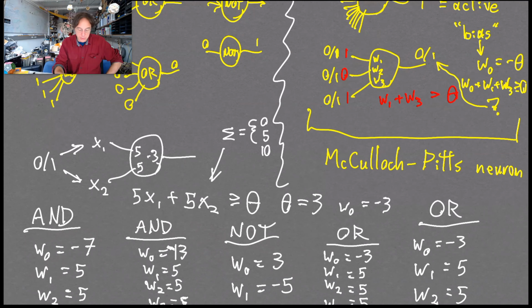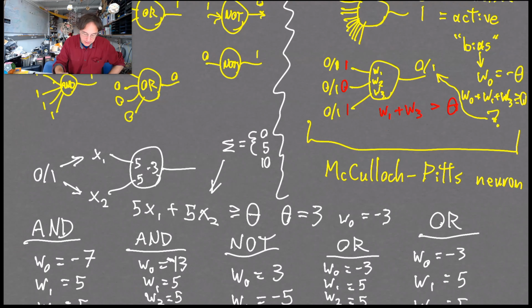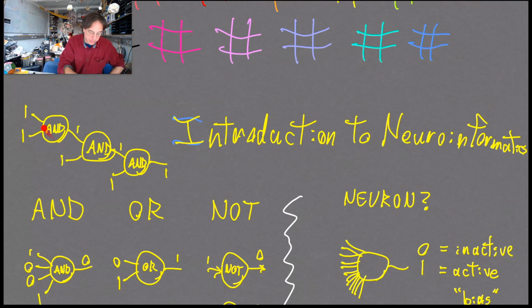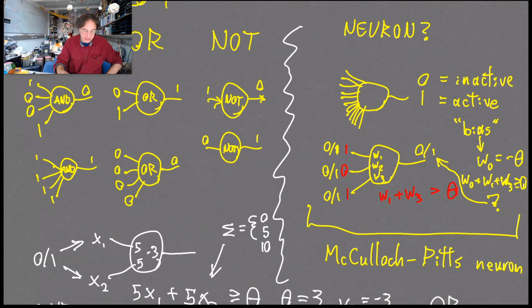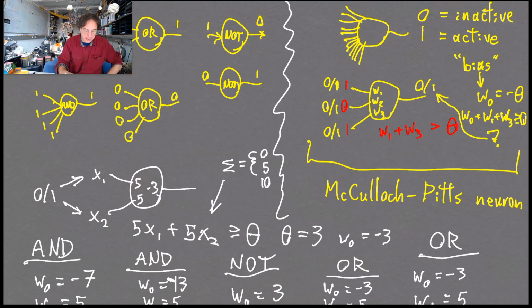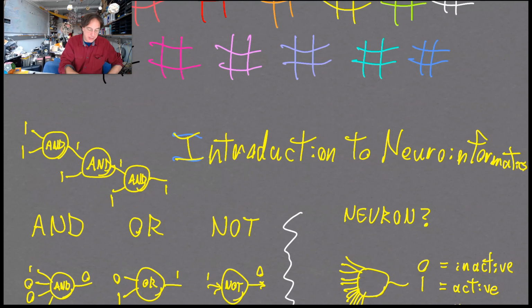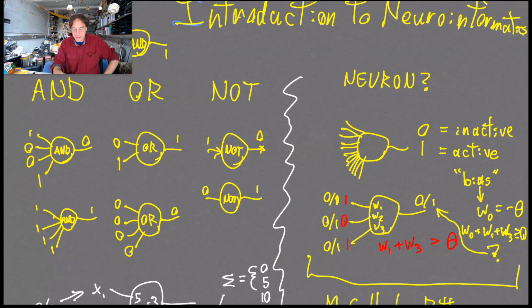So when you make a circuit of them, I thought I had an example of a circuit here, but the only example circuit was of AND gates. But if each of those AND gates was actually this unit that implements an AND gate, then we would have a circuit of these artificial neuron units.